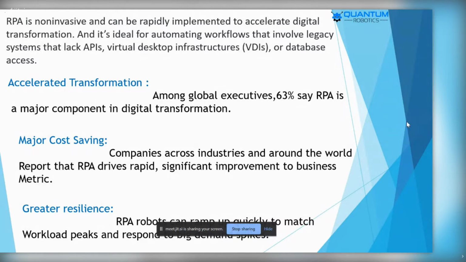Accelerated transformation: among global executives, 63% say RPA is a major component in digital transformation. Nowadays we are using different types of digitalization and upgrading to the latest technologies. The 63% say that robotic process automation is the more accurate and most preferable software to use in digital transformations.